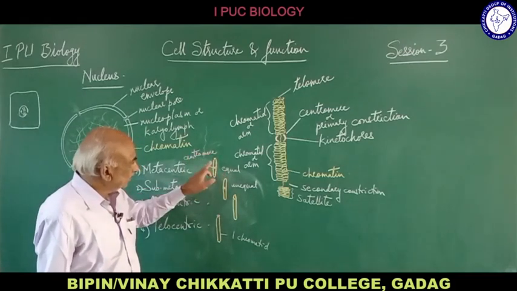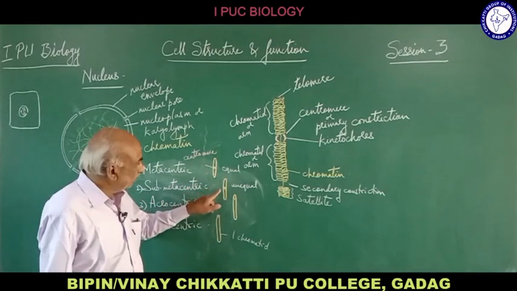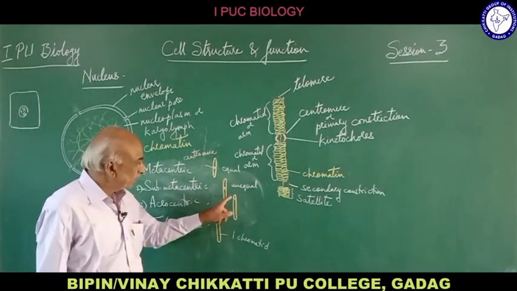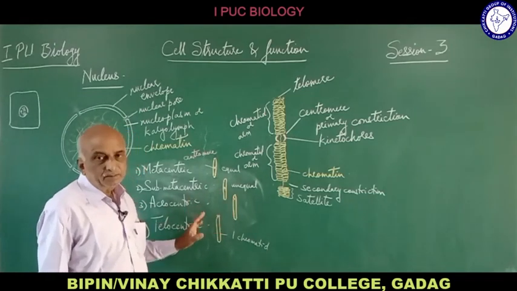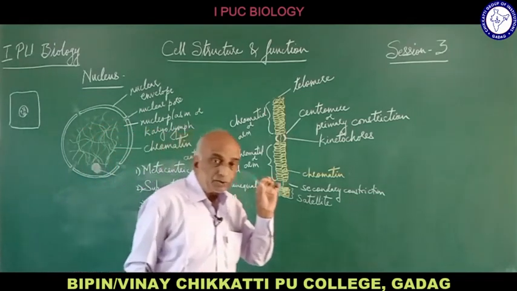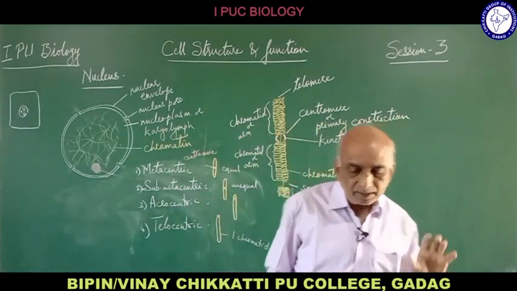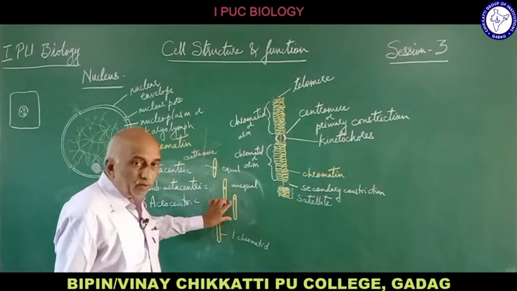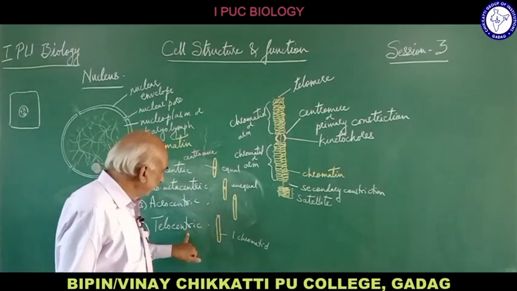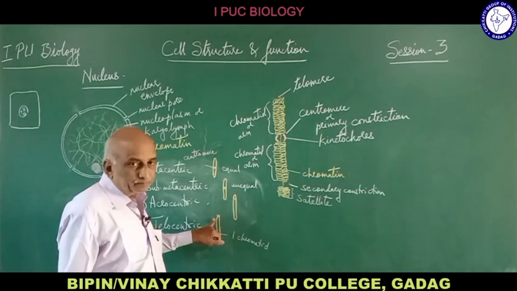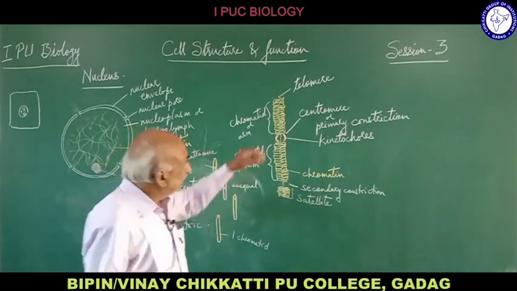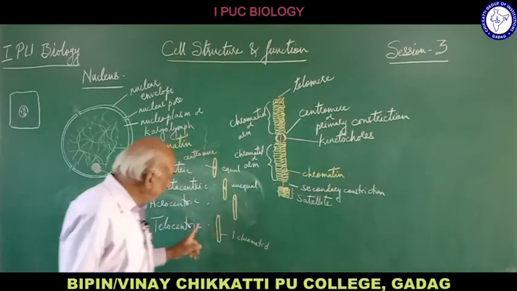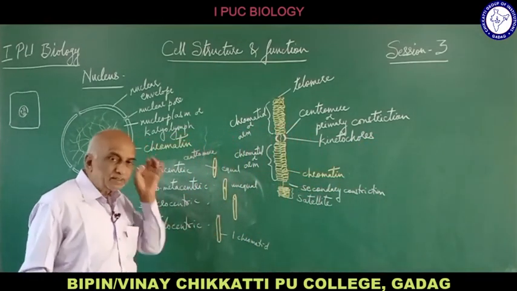Metacentric means chromatids are equal, submetacentric means chromatids are unequal, and acrocentric means the chromatids are unequal, of course, but there is a very short chromatid and a very long chromatid. So this is a short chromatid and this is a long chromatid. And in case of telocentric, the centromere occupies the telomere region, so that there is only one long chromatid, and that is called telocentric.